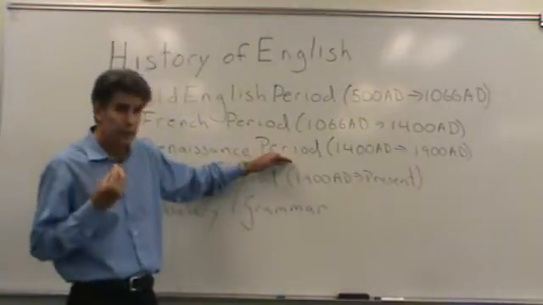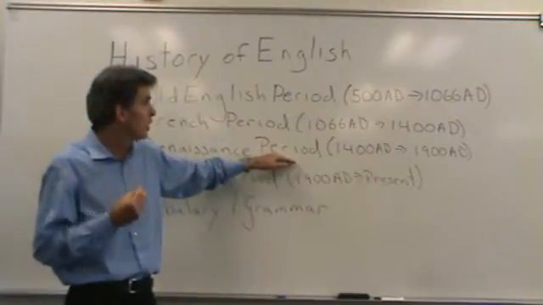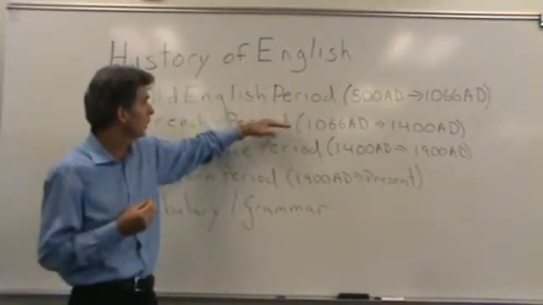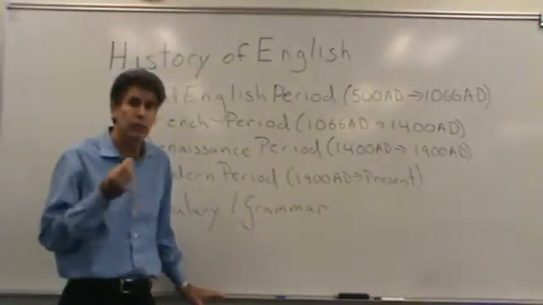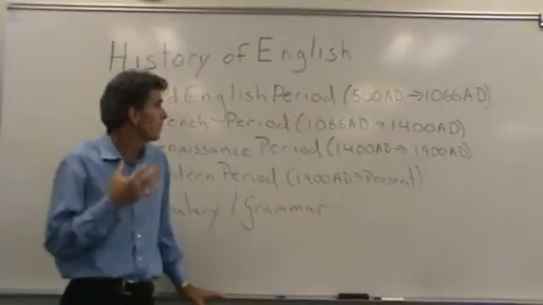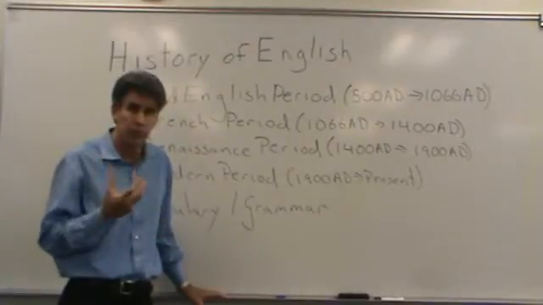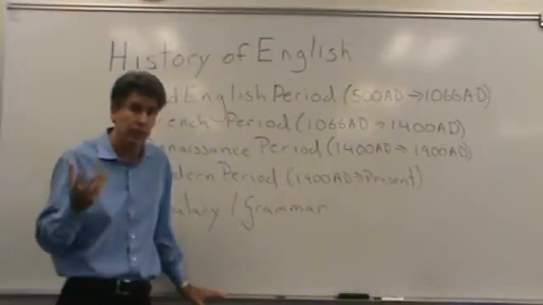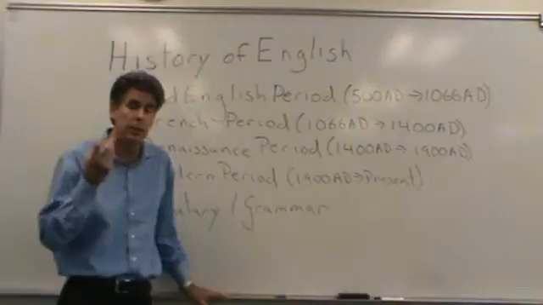When you start regularizing the language, which they started to do during the Renaissance period, you have to keep in mind they were trying to regularize these 3 different strains that were going into the English language. The English period, which brought up all these Germanic elements, the French period, which brought in all these French elements and ultimately Latin, and then the Renaissance period, which brought in classical Latin and Greek.